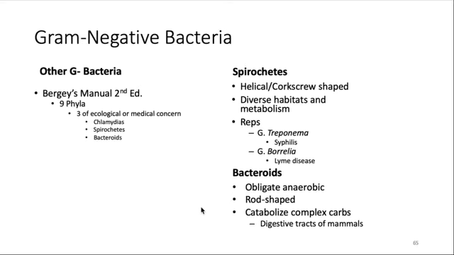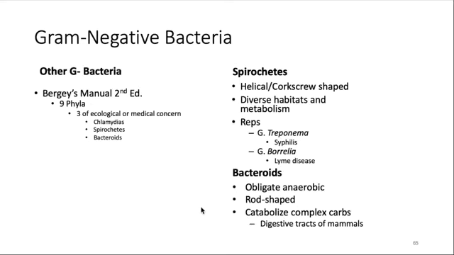Then you have the spirochetes. The spirochetes are helical, they are corkscrew shaped. They live in diverse habitats, and their metabolism is also diverse. Important representatives will be the genus Treponema, where you would have Treponema pallidum, which causes syphilis. And then you also have another important genus, Borrelia, where you have species that cause Lyme disease.